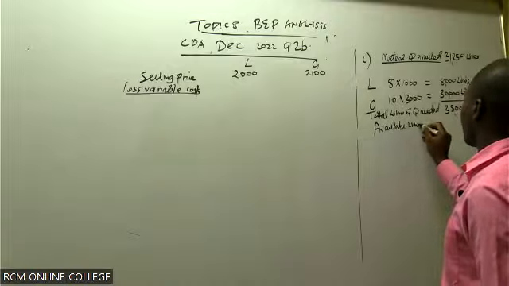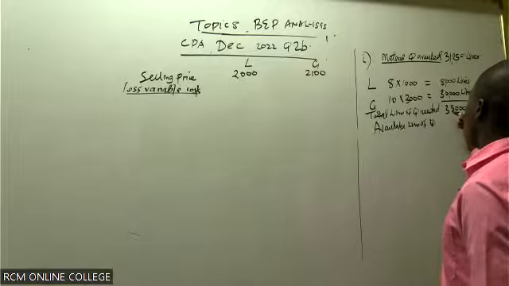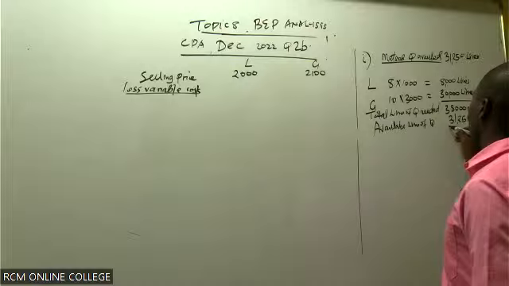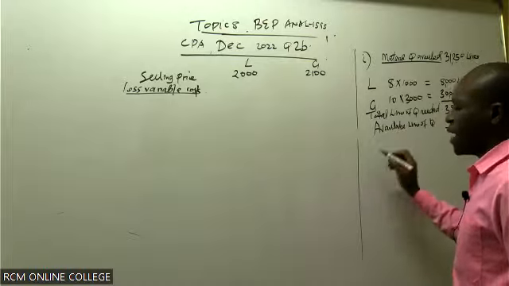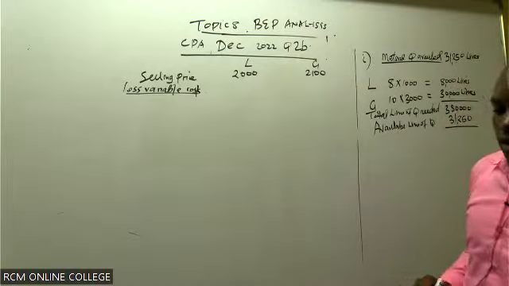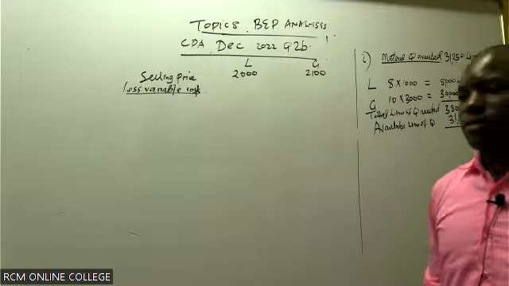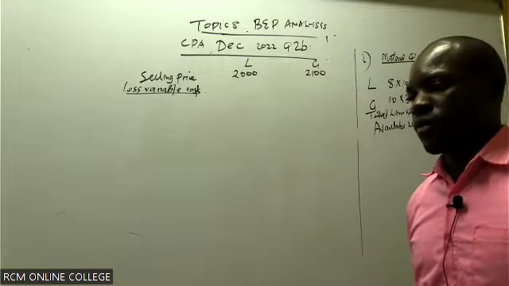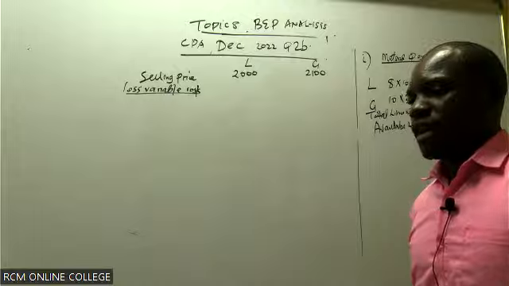Available liters of Q. How many have they been given? 31,250. That's what the company can afford. Now, do we have a surplus or deficit?